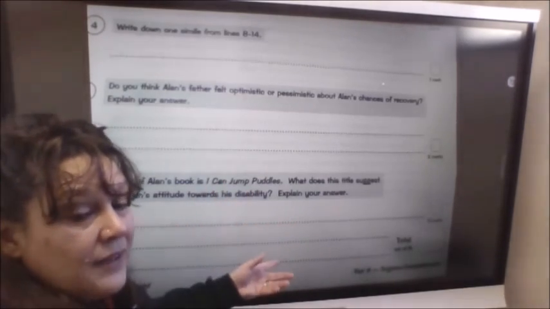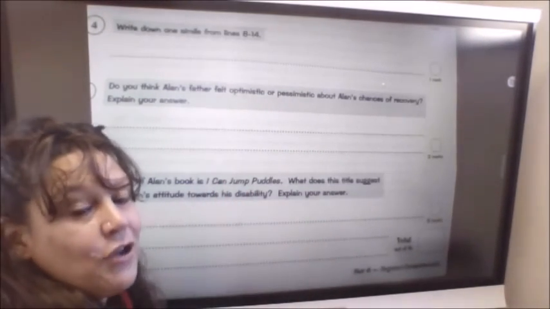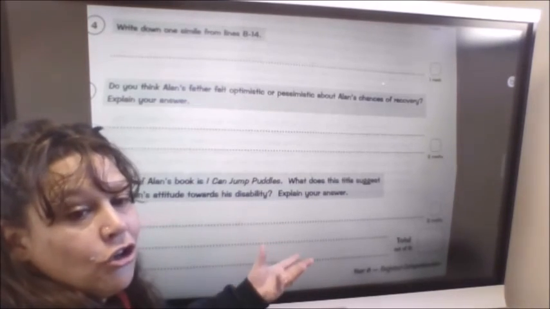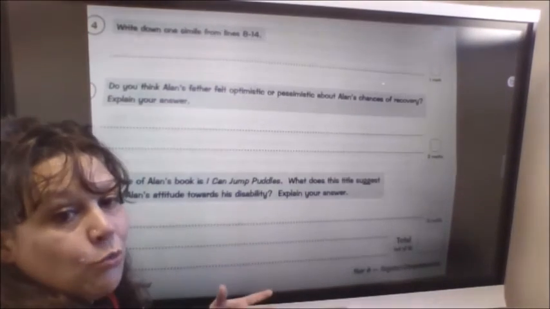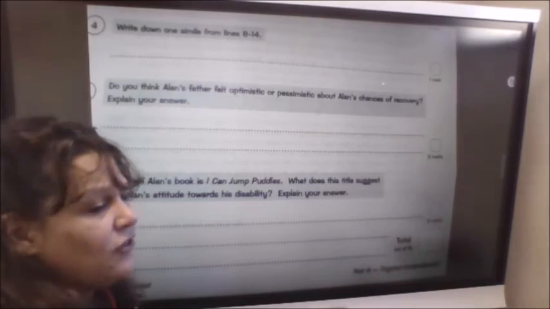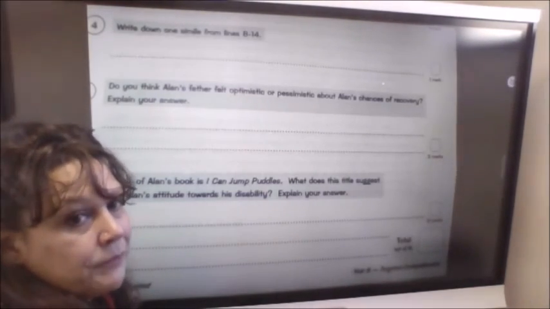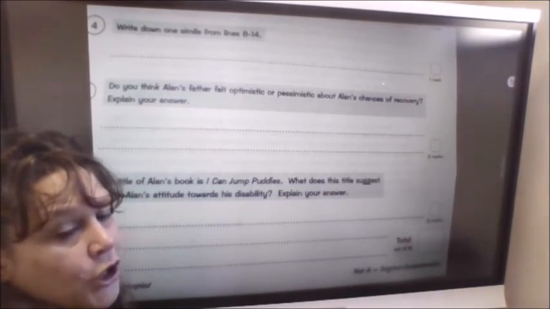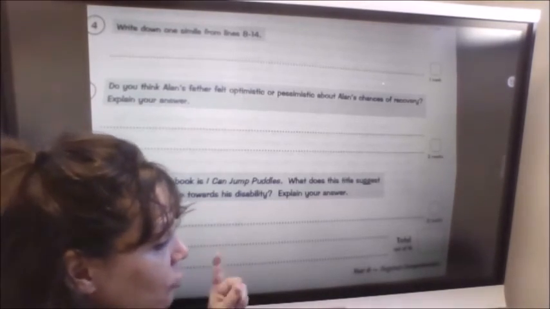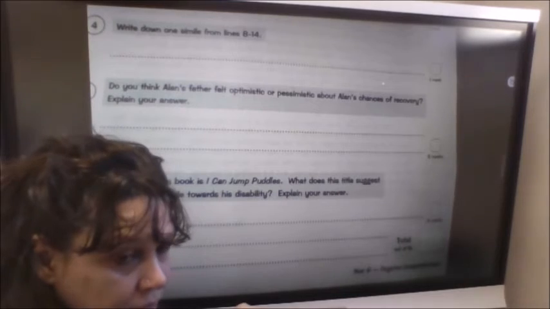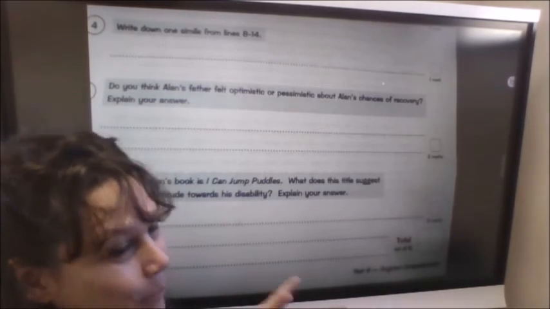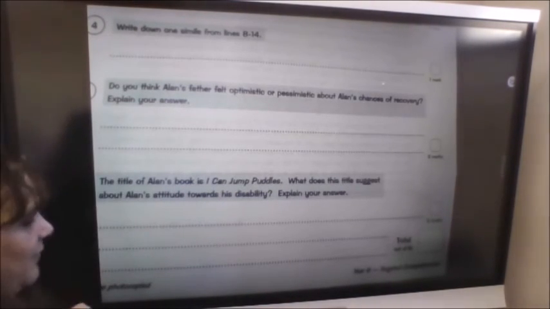It means he's determined to be like every other child, and he's determined to do things that other children would do his age. Okay, so those kind of things I want detail because it's a 2-mark question. Okay, so you are going to be answering your questions on book 27, page 7, book 6. And then when you've done that, I'm just going to put the board back on.